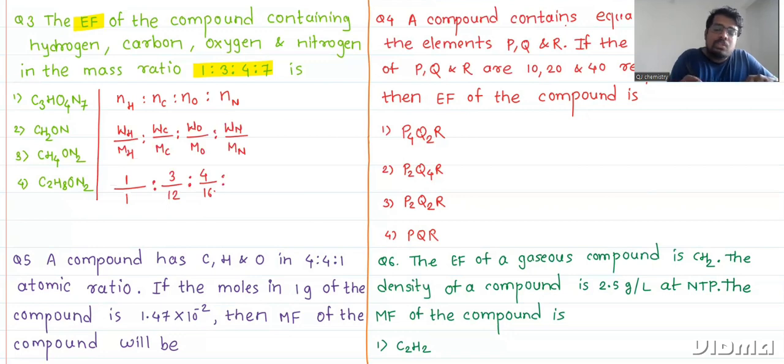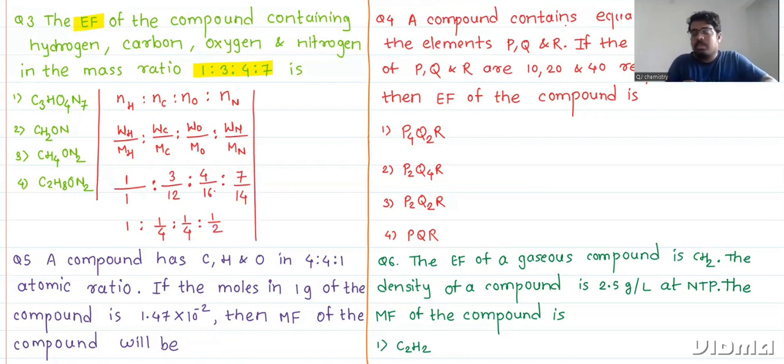Nitrogen has weight ratio 7 and atomic mass 14. So we get 1 is to 1 by 4 is to 1 by 4 is to 1 by 2. Let us convert into a simple whole number ratio. Let us multiply by 4. The ratio becomes 4 is to 1 is to 1 is to 2.